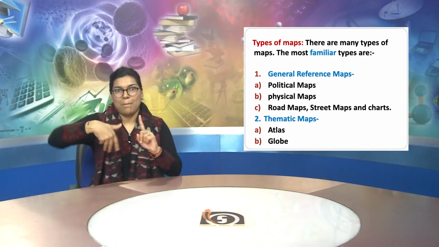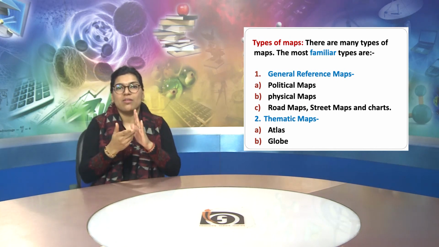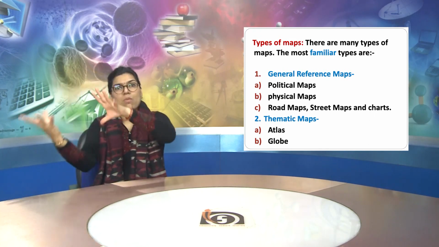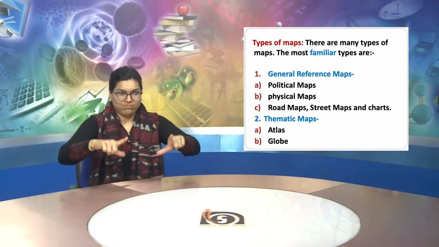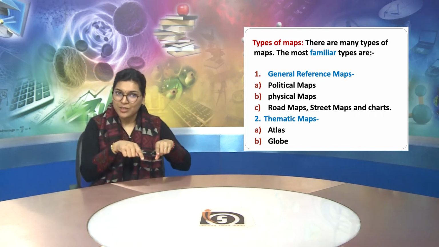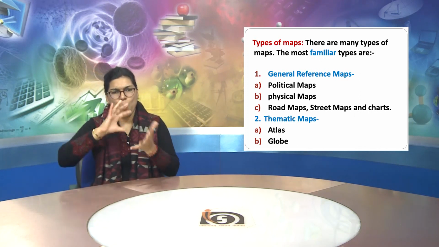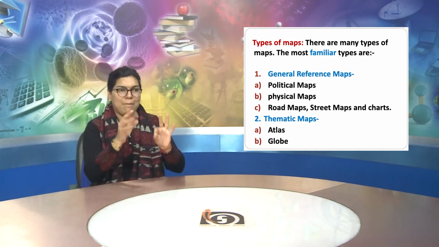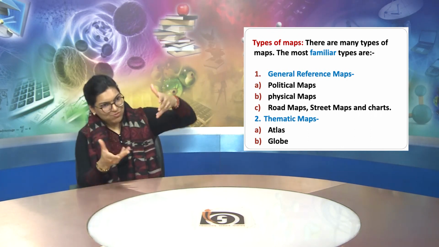And the second most familiar type of map is the thematic map. In this, the two further categorizations are atlases and globes.